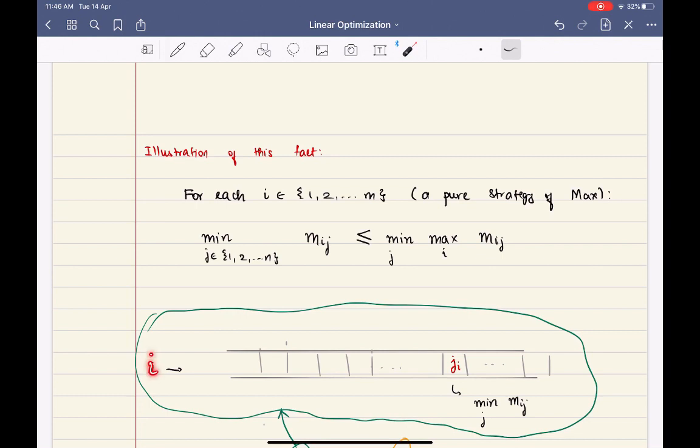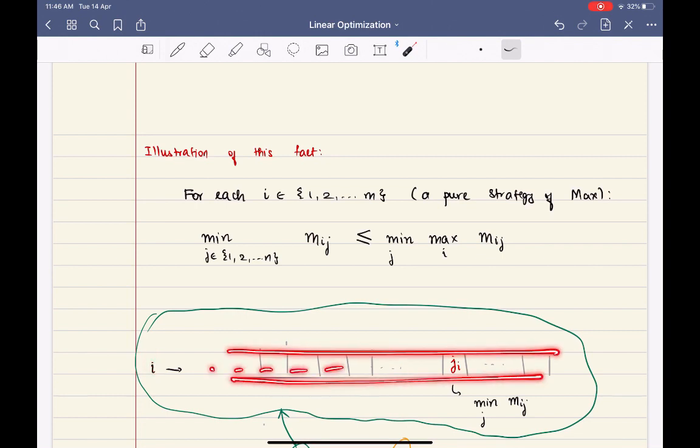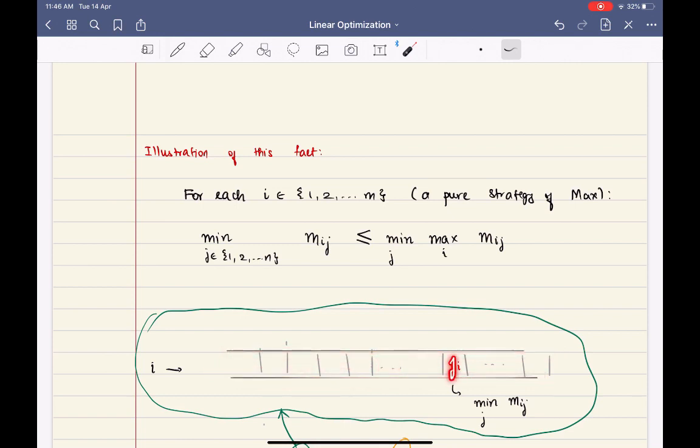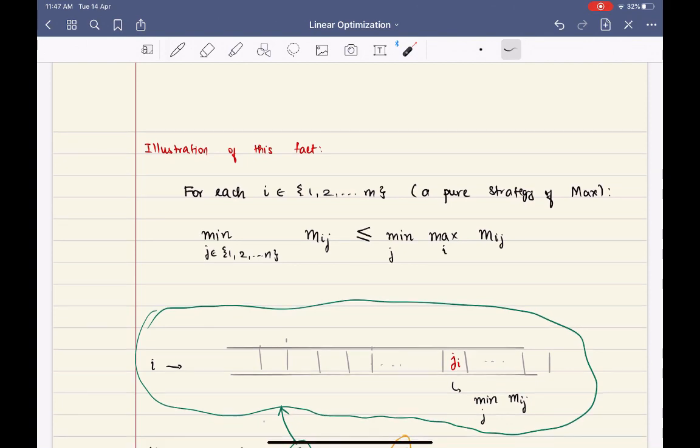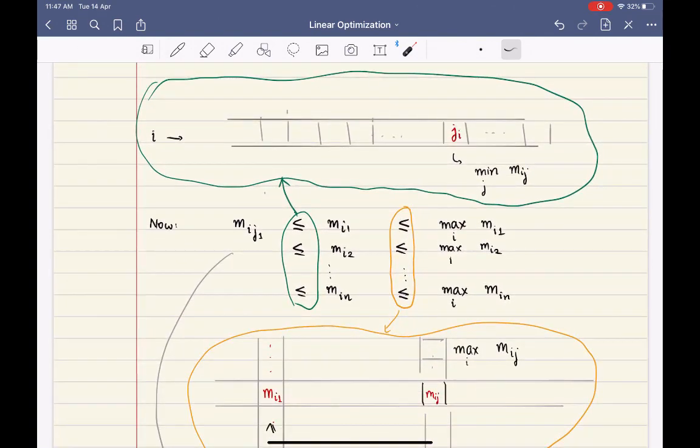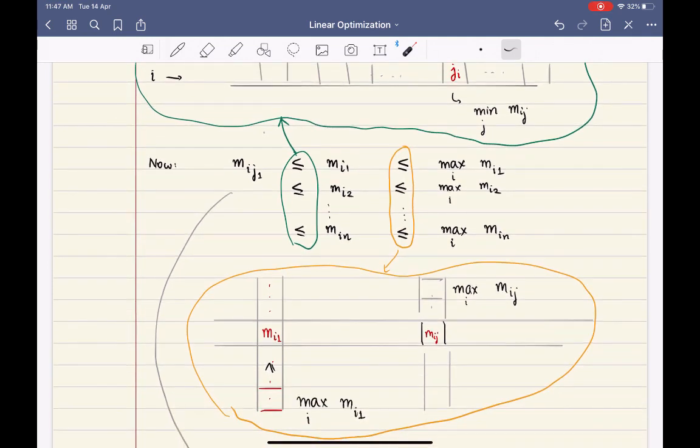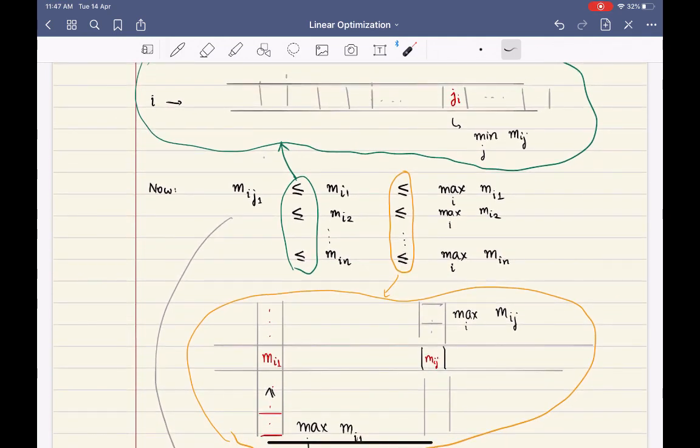When I fix an i, I look at the min for this i. That will be, say, some j1. So this is the min over all j, mij. So what do we want to show? Before looking at it, look at this. Firstly, for an i, my mij1 is the least in the row, right?